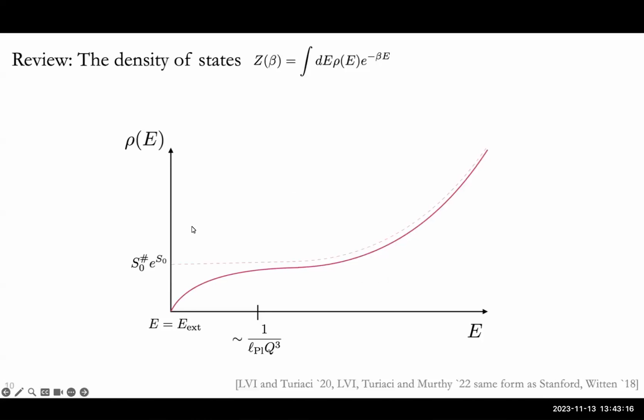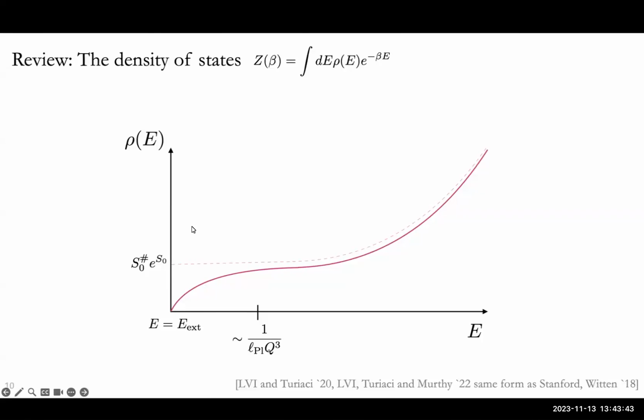Here, the center of this plot is the energy that an extremal black hole would have. At very large energies above extremality, you see two plots. The dashed plot is the one in which you neglect the effect of these zero modes, and the solid plot is the one in which you keep these zero modes into account.